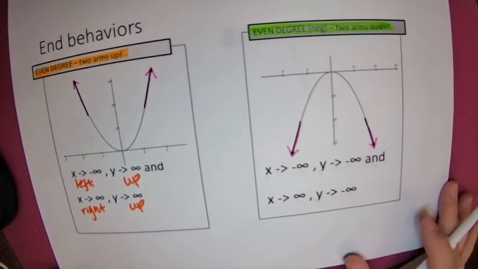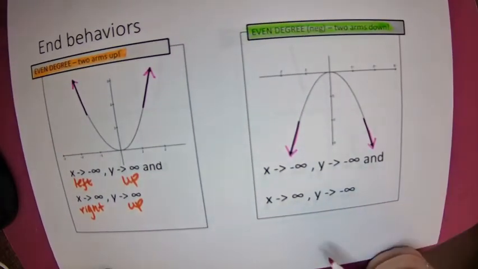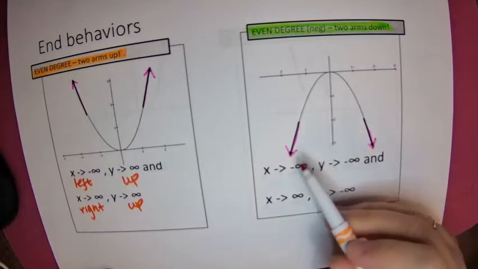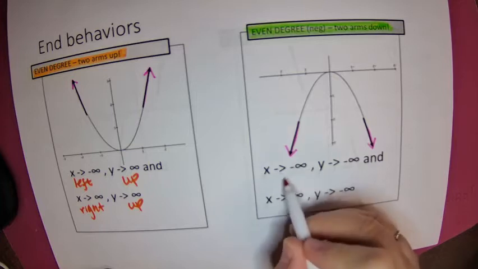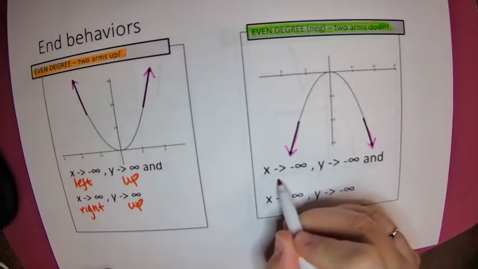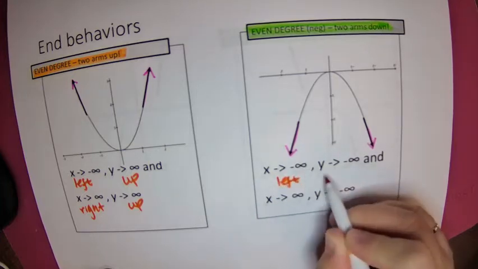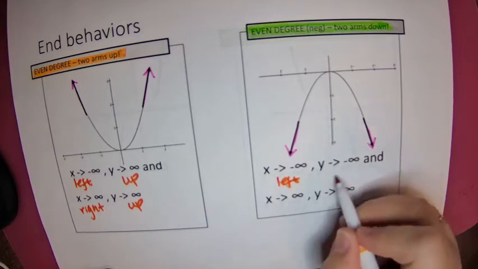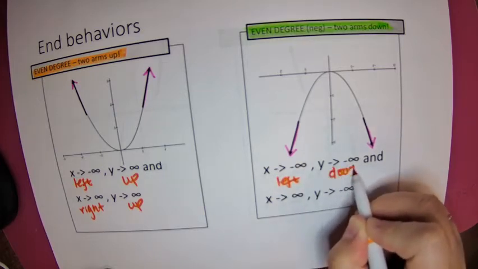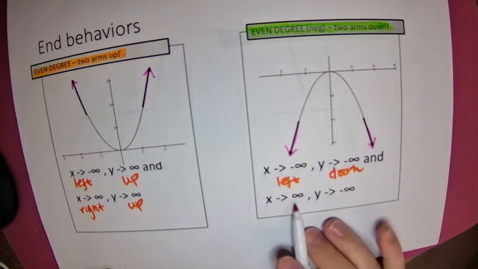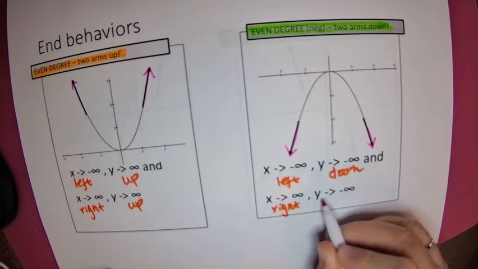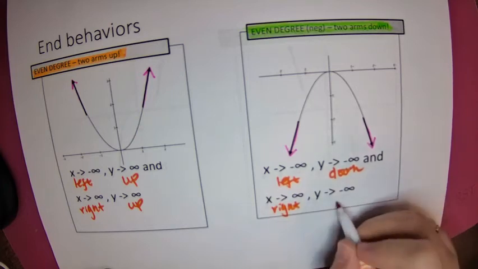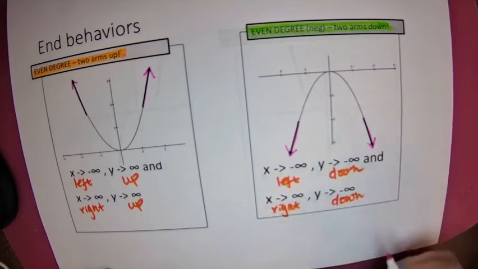But if the leading coefficient is negative, then we'll have two arms down. So this one says that on the left side, as x approaches negative infinity, y approaches negative infinity. That means we're going down. As x approaches positive infinity, that means on the right, y approaches negative infinity. That means we're going down.